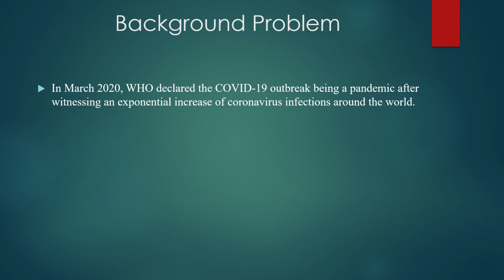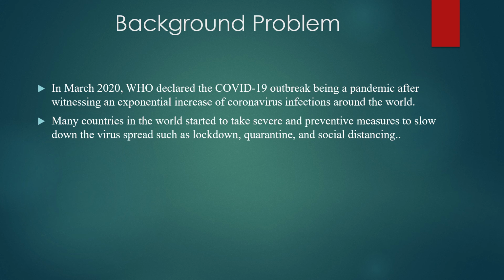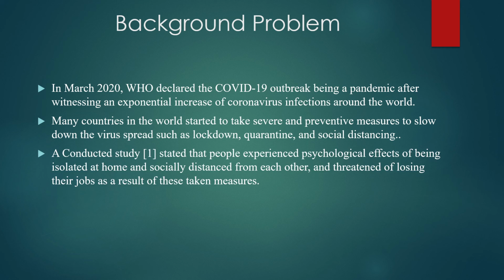In March 2020, the World Health Organization declared the COVID-19 outbreak a pandemic after witnessing an exponential increase of coronavirus infections around the world. Many countries started to take severe preventive measures to slow down the virus spread, such as lockdown, quarantine, and social distancing.